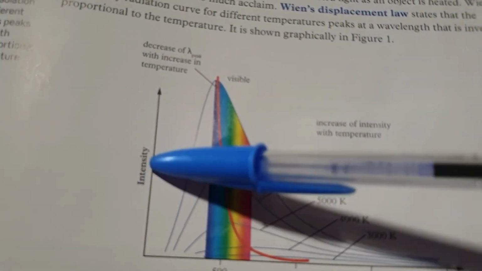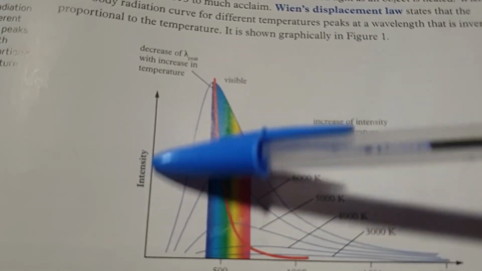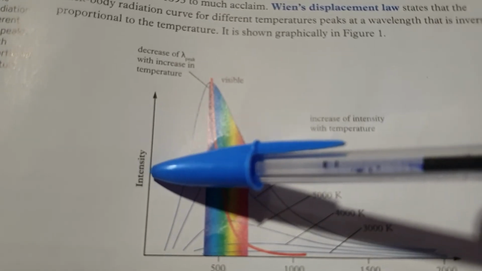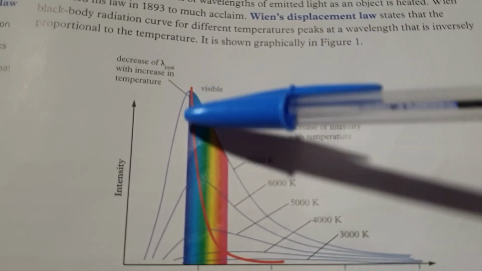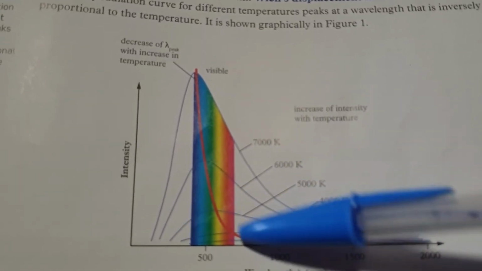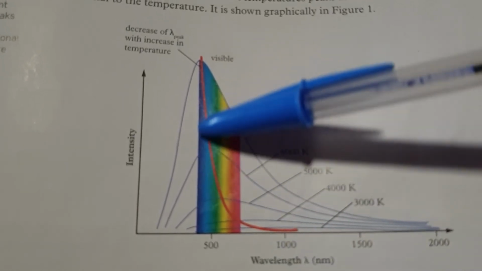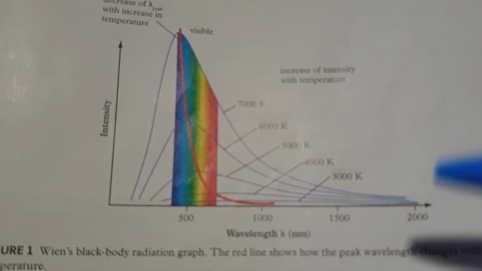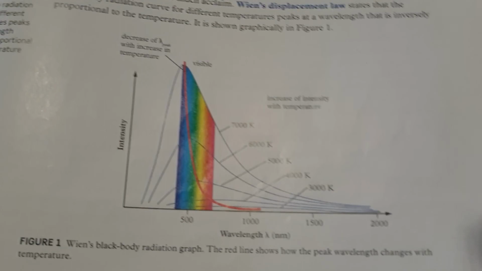So the intensity or the brightness of the radiation that it releases is dependent on the temperature, and this peak moves with temperature as well. So this line here is like a trend line for temperature. Right, so this is wavelengths.